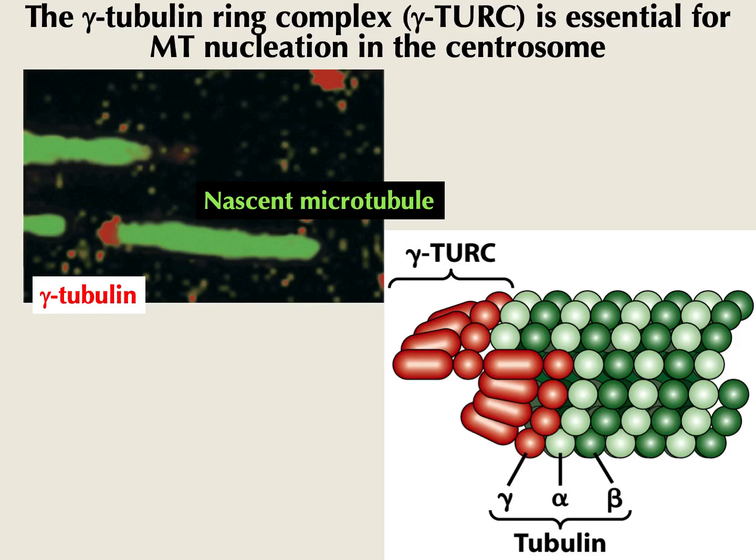Okay, so if you will, it's analogous to the ARP2/3 complex when we talked about actin, which served as a template onto which new monomers are added. Okay, so here that's exactly the idea. You use gamma TuRC as the template in the pericentriolar material where there's a high concentration, so polymerization is favored, and then you can start making a microtubule.